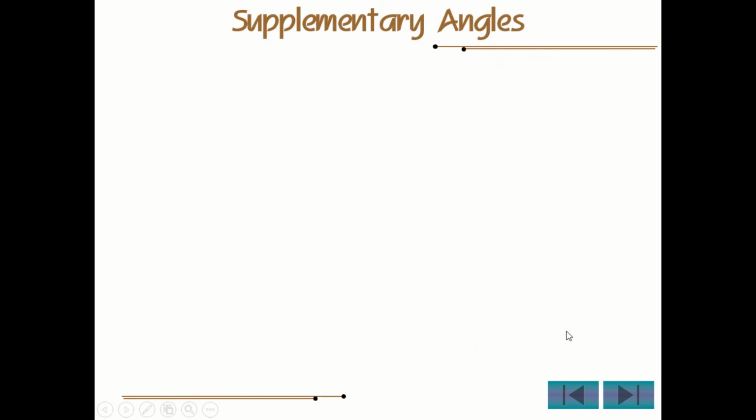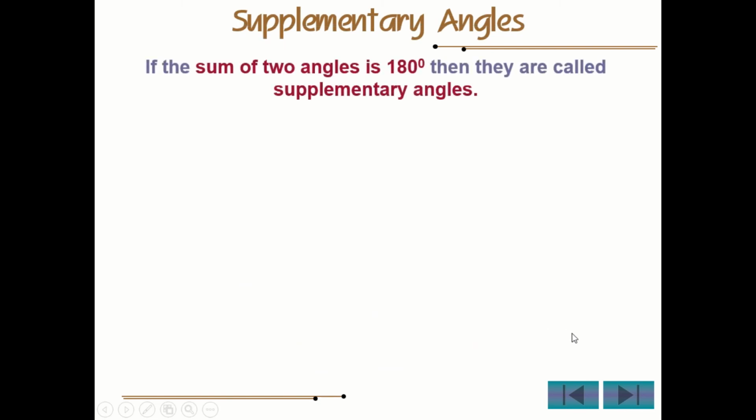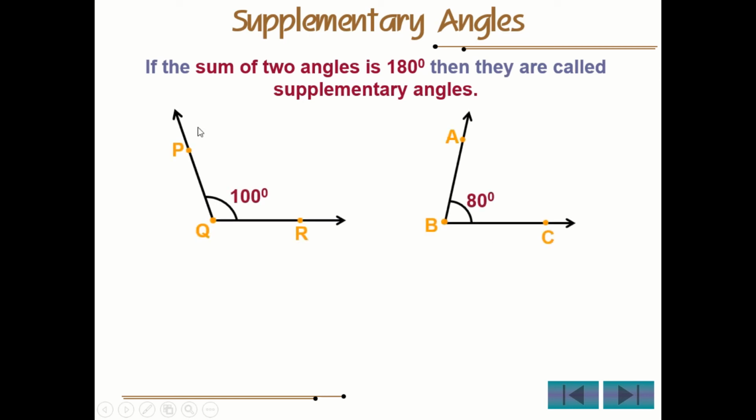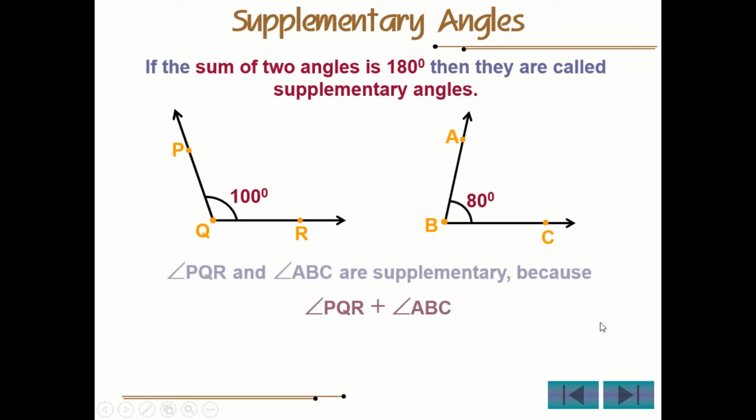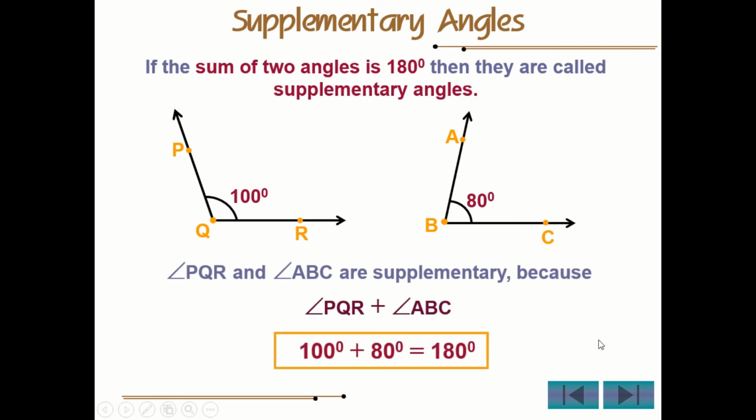How about supplementary angles? If the sum of two angles is 180 degrees, for example, angle PQR and angle ABC, so 180, that is 180.